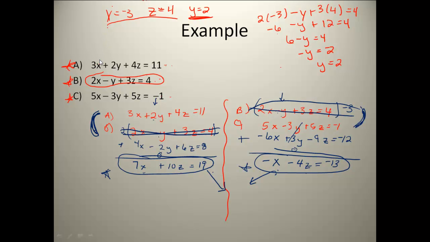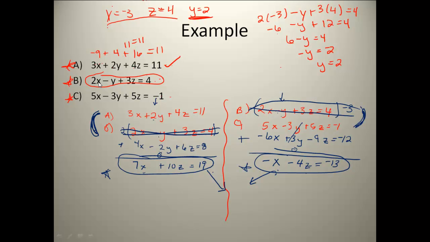When I take 3 times negative 3, I get negative 9. 2 times 2 is 4, and then 4 times 4 is 16. So if I do negative 9 plus 4 plus 16, I'm going to get 11. Negative 9 plus 4 is negative 5. Negative 5 plus 16 is indeed 11, so I get 11 equals 11. So it works in the top equation.